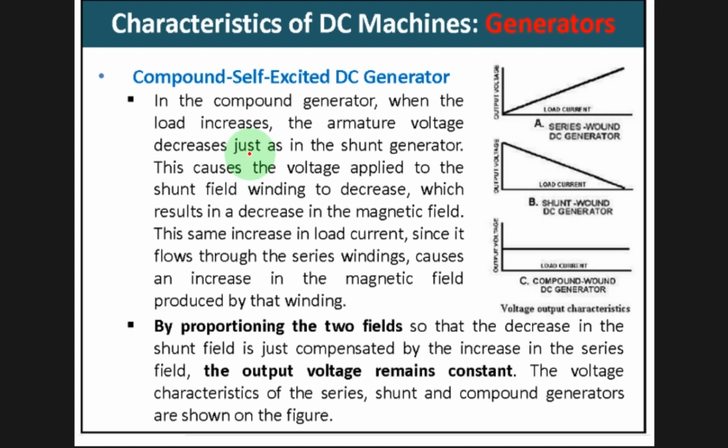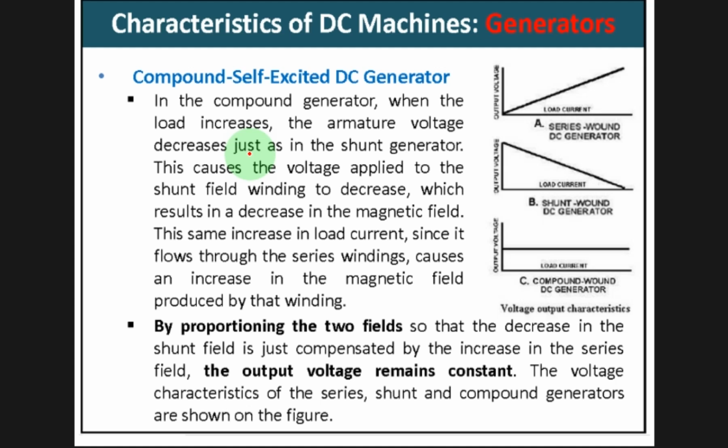When voltage decreases, the field coil is getting a lower voltage, so it will reduce the magnetic field. The same increase in load current, since it flows through the series winding, causes an increase in the magnetic field produced by that winding. So when the load is going up, the shunt winding field reduces and the series winding field increases, right?